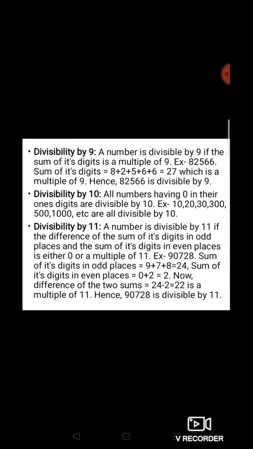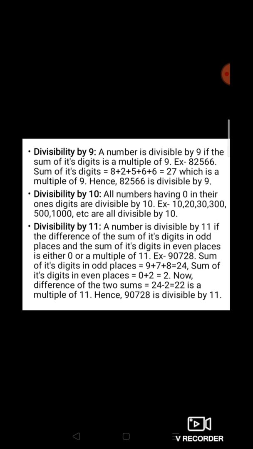Now we will move on to divisibility by 9. Divisibility by 9 is exactly like divisibility by 3. For 3, we did the summation of the digits and then saw whether that summation is a multiple of 3 or not. Here the same rule applies for 9. We will add all the digits and see whether the summation is a multiple of 9 or not.